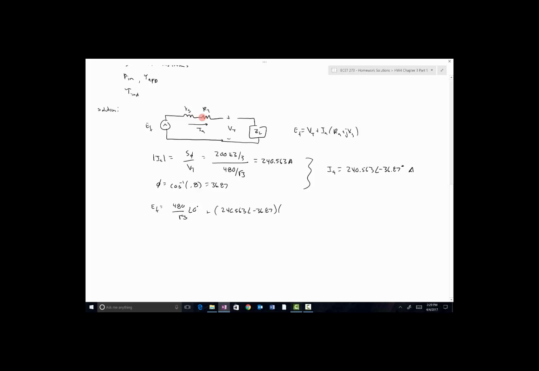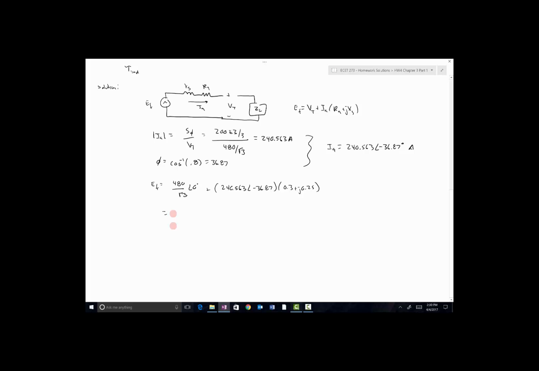And then I can put in the synchronous impedance, which was 0.03 plus j0.25. I get an excitation voltage of 321.977 at an angle of 7.82 degrees volts. So that's the solution for Part A.